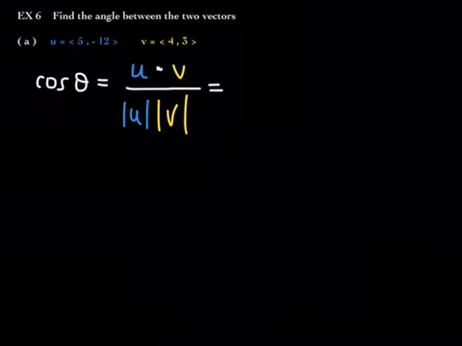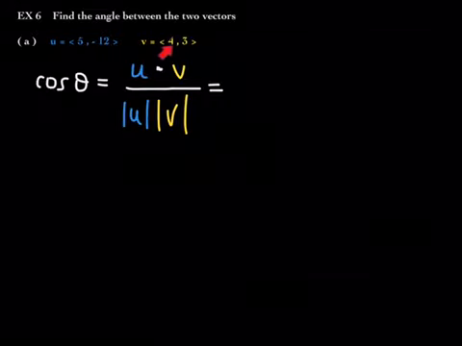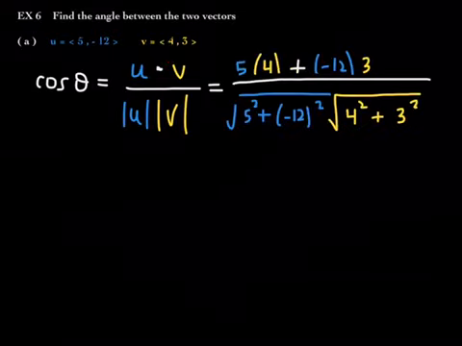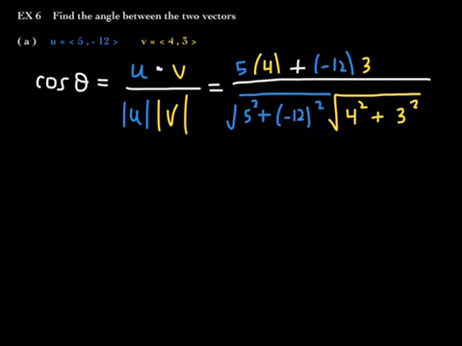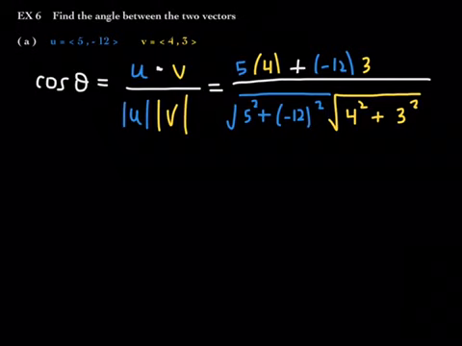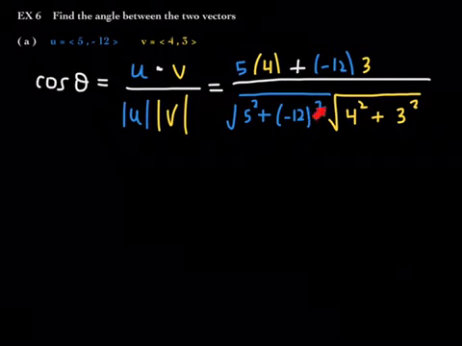Now remember what the dot product of two vectors is. It'll be 5 times 4 plus negative 12 times 3. So here I have the dot product in the numerator that I just called out, and then here is the magnitude of vector u, and this is the magnitude of vector v.